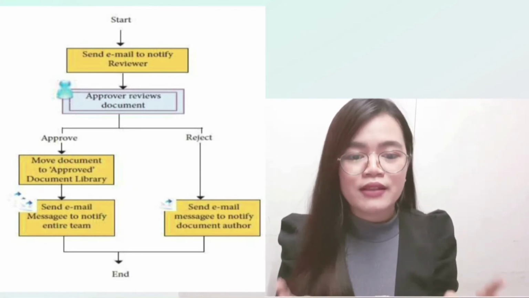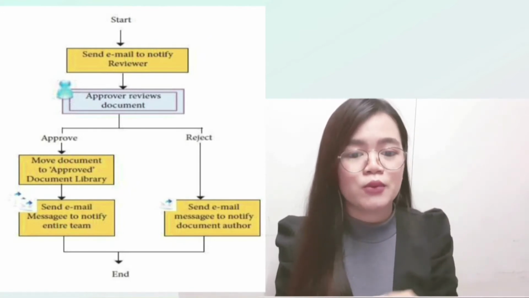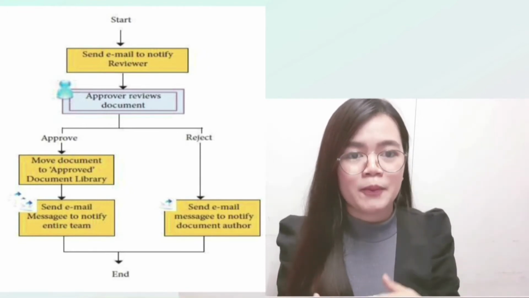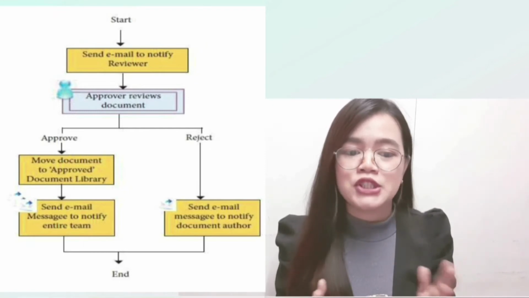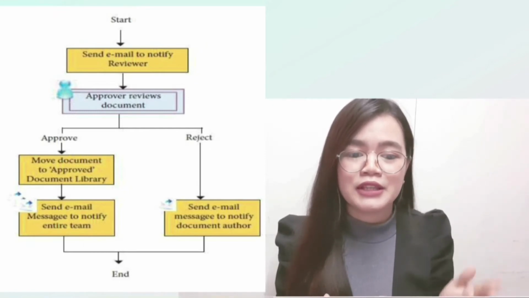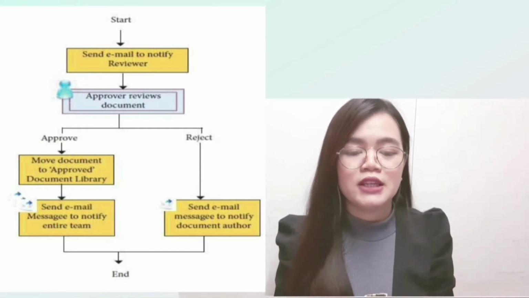After the second step, the third step has two options: if it is approved, it goes to the next step under approve, while if it is rejected, it goes to the next step under reject. Then after those steps, it is the end of the chart.